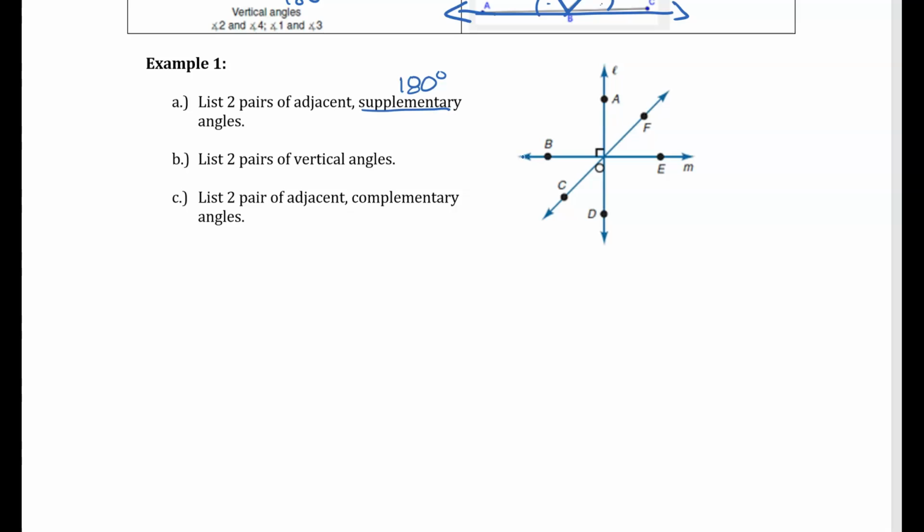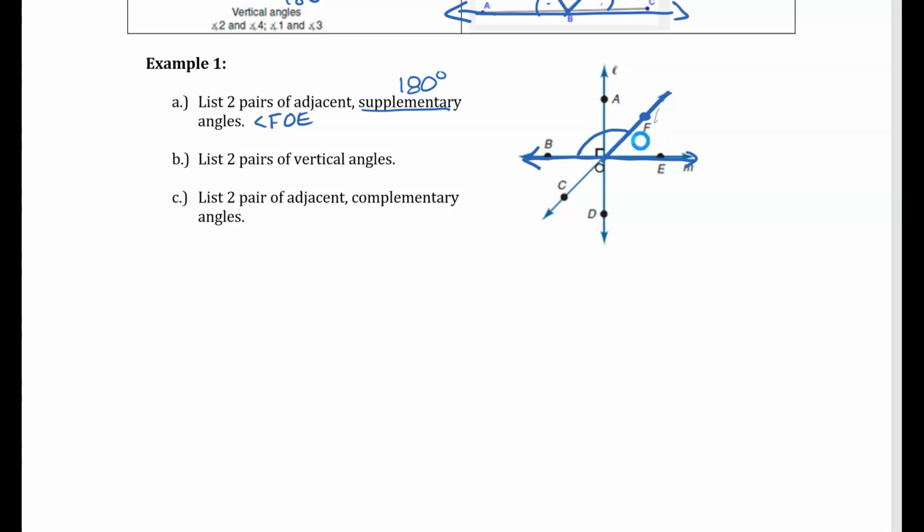Maybe I look at this line right here, and I need to find 2 supplementary angles. One option might be angle FOE, and then FOB.